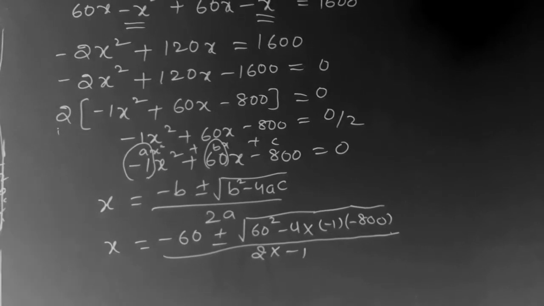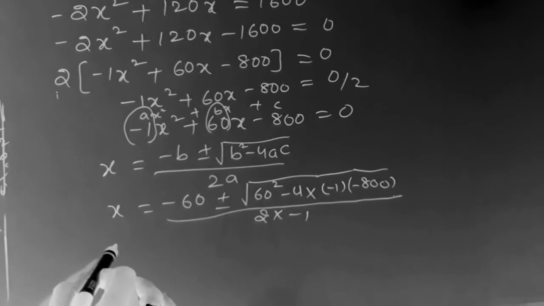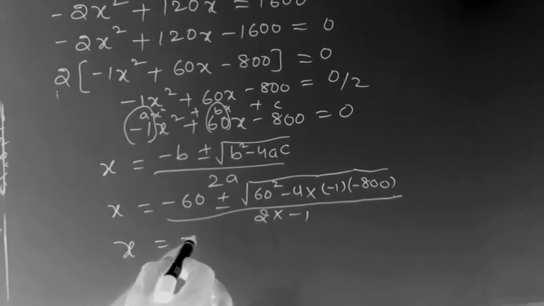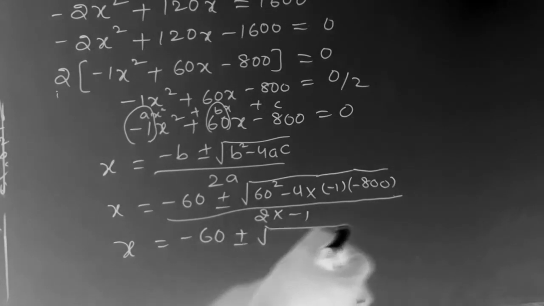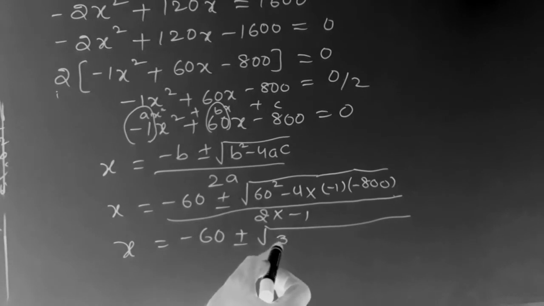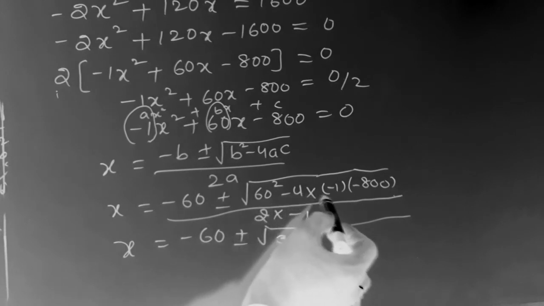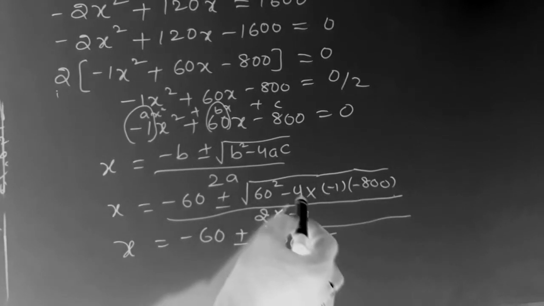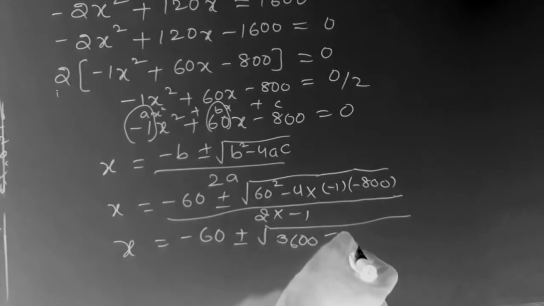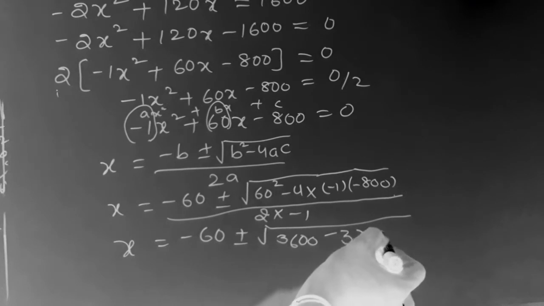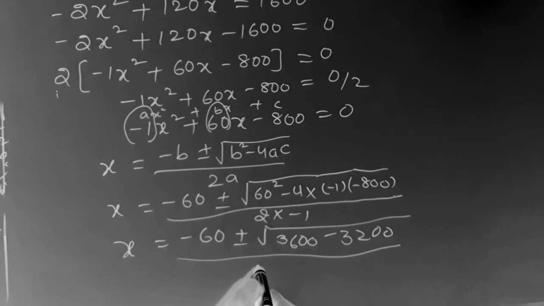Now we simplify. x is equal to minus 60 plus or minus under root 60 square is 3600, minus into minus into minus gives minus, so minus 4 8s are 32, 3200, by the denominator 2 into minus 1, which is minus 2.